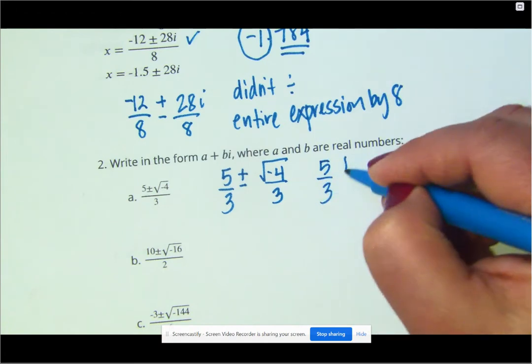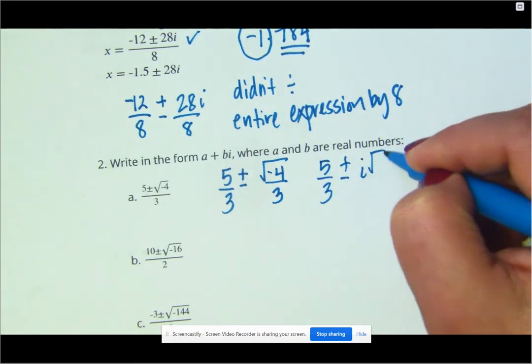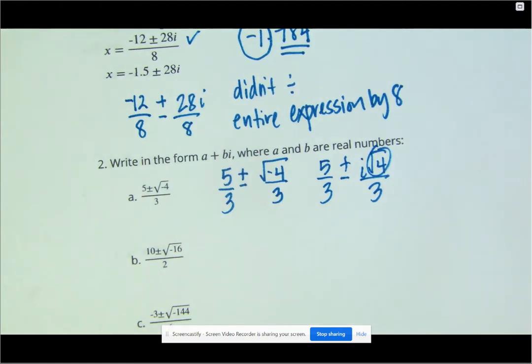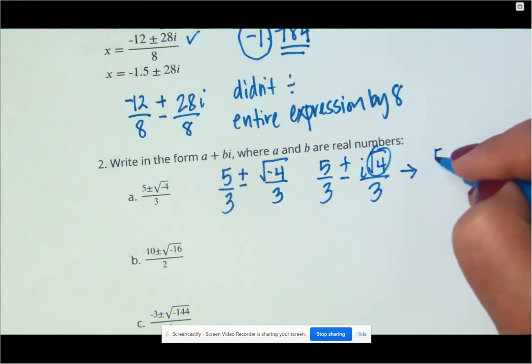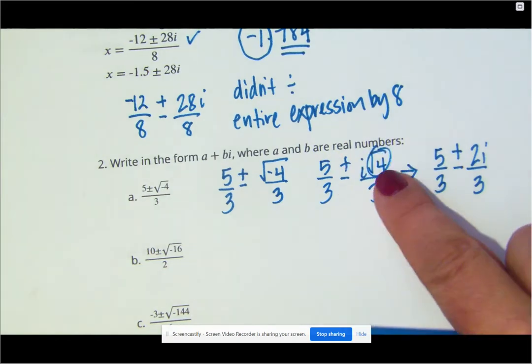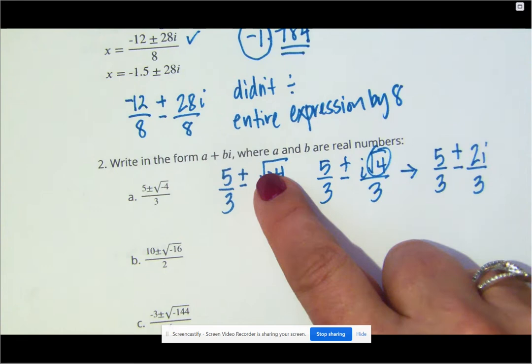So now this is actually i square root of 4 over 3. But what's the square root of 4? 2. So this is 5 over 3 plus or minus 2i over 3. The square root of 4 is 2, and the square root of negative 1 is i. That's how I clean that up to 2i.